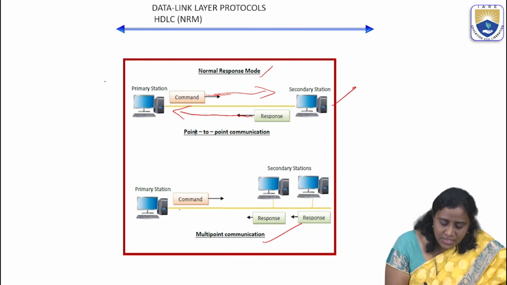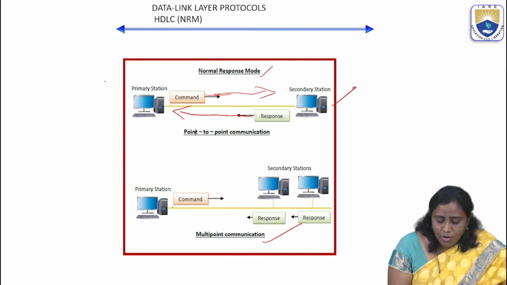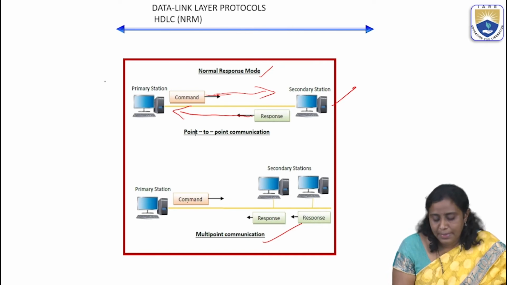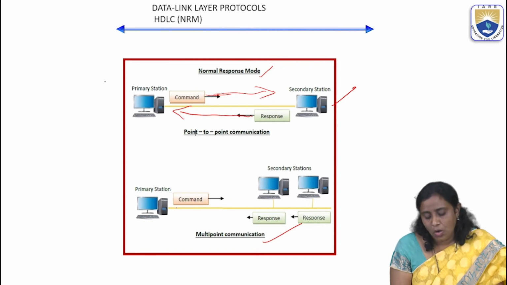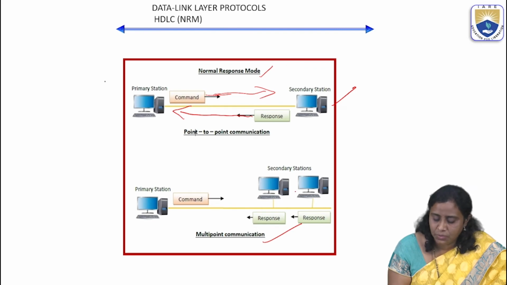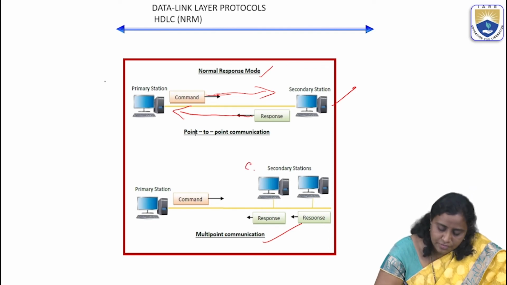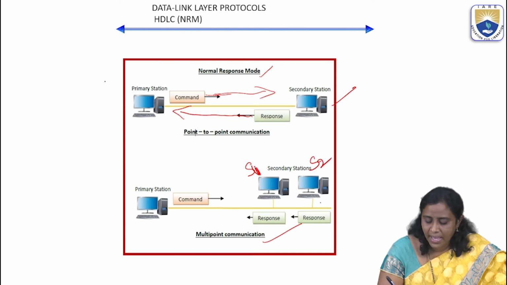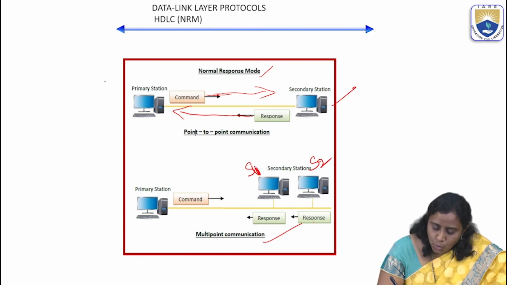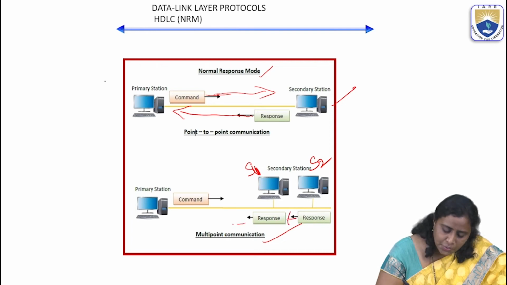The number of commands would be transmitted by means of one physical path or one logical connection. They need to transmit to secondary station 1 and secondary station 2. So again, the station 2 response plus the station 1 response need to be transmitted to the primary station 1.